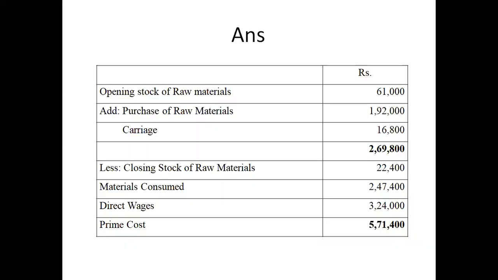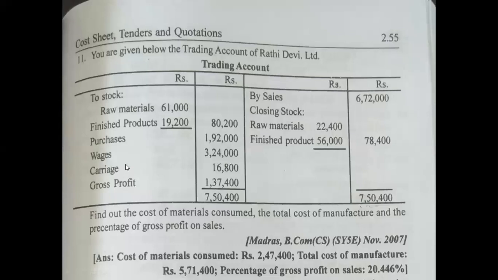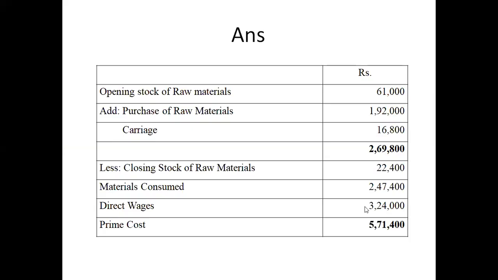As per your format, materials consumed is over. Then wages. The wages given on the left hand side are direct wages, 3,24,000. If you put the 3,24,000 with the 2,47,400 materials consumed, we can call that the prime cost.